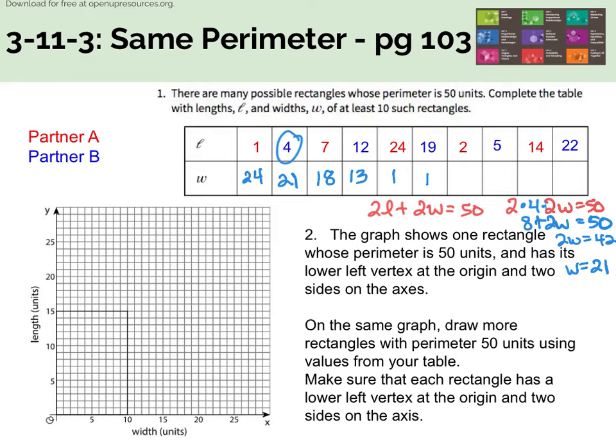Length of 2, width is 23. Length of 5, width is 20. Length of 14, width is 11. And length of 22, width is 3. So these are all the answers that you should have gotten for this table.